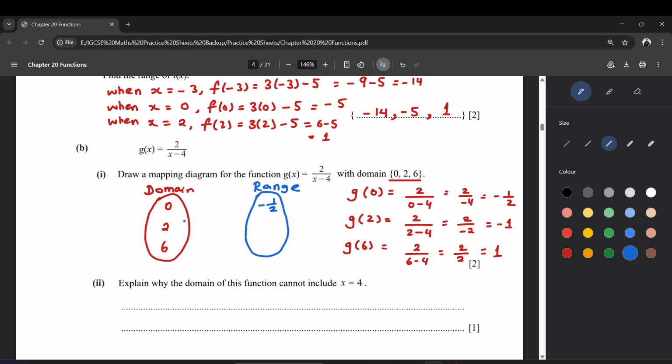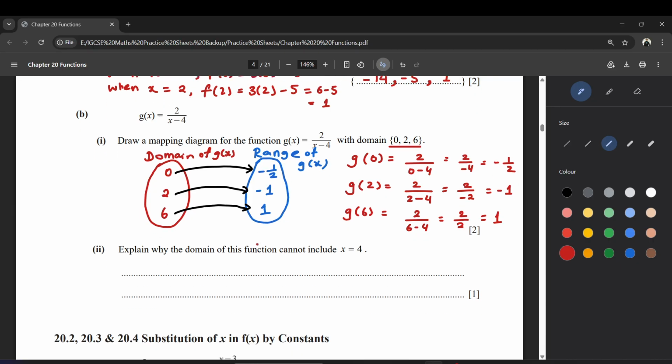For x equals 2, you have minus 1, and for 6 you have 1. And we're going to show this with the arrows. This is a complete mapping diagram. So let me write this down. This is the domain of g of x, and this is the range of g of x.